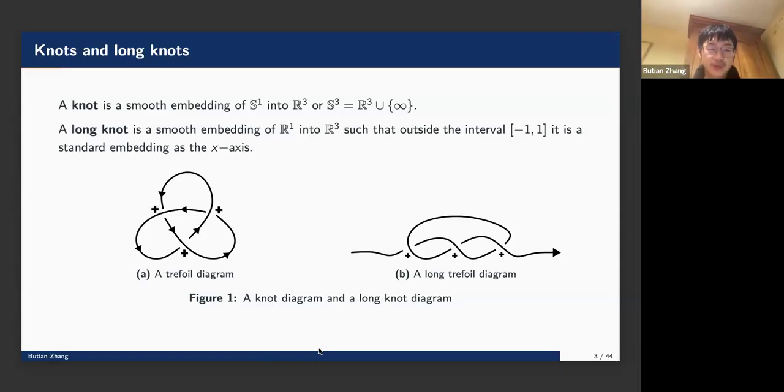Here I draw two examples in diagrams. One is a classical knot diagram, which is an embedded circle, and the other one is the long knot. As you can see, probably there is a 1-1 correspondence between these two kinds of knot, between long knot and knot. We will talk about it more in detail.